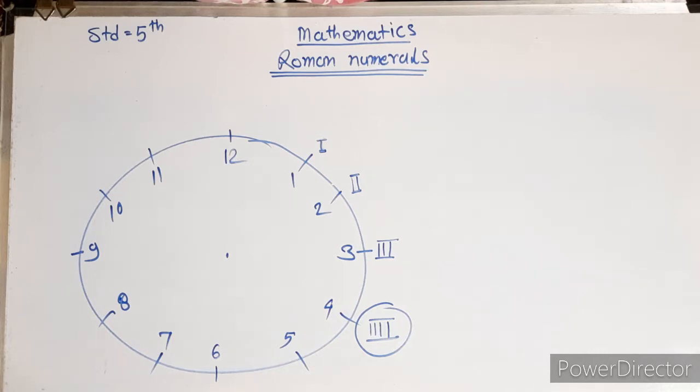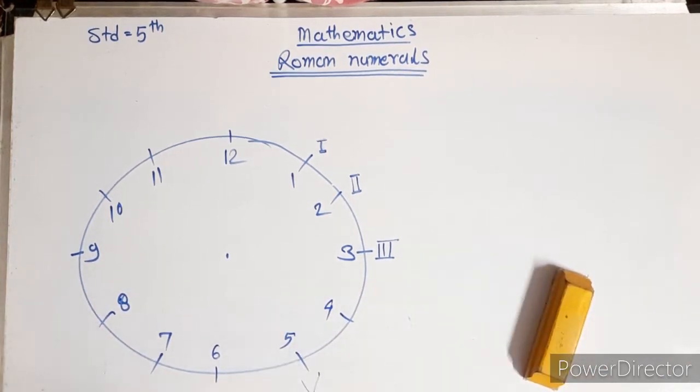We write 4 and 5 using the number 5. First, we write the number 5, V. The letter I we use to the left side of 5.